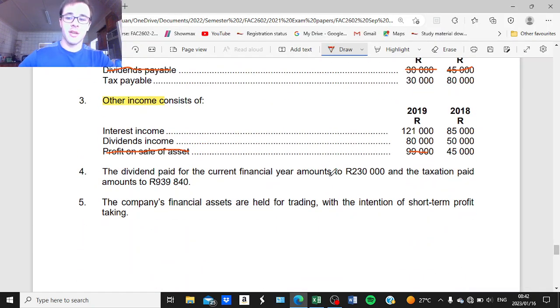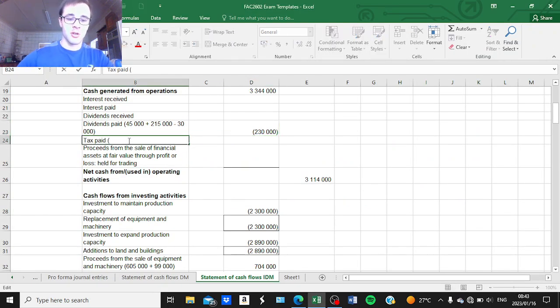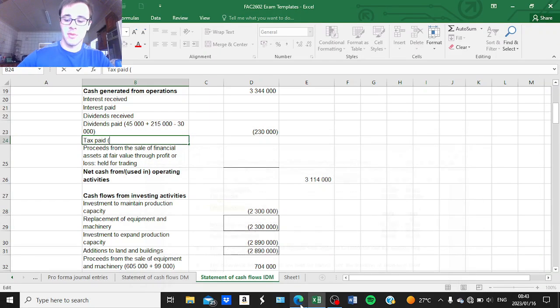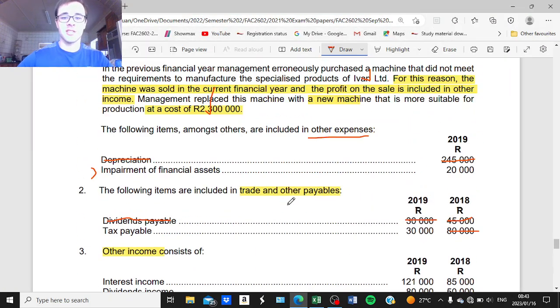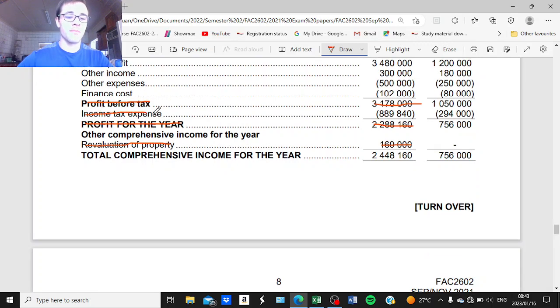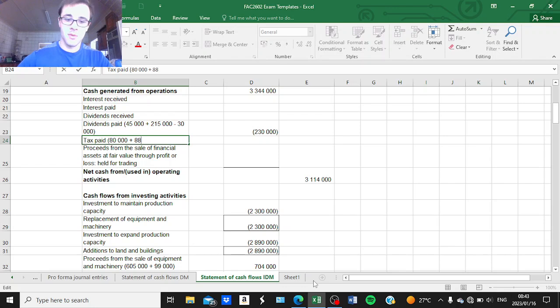And then we need to calculate the tax paid. So we start with the opening balance of tax payable, which is 80,000. Then we add the income tax expense as disclosed in the statement of profit or loss and other comprehensive income, which is 889,840. And then we need to subtract the closing balance of 30,000.